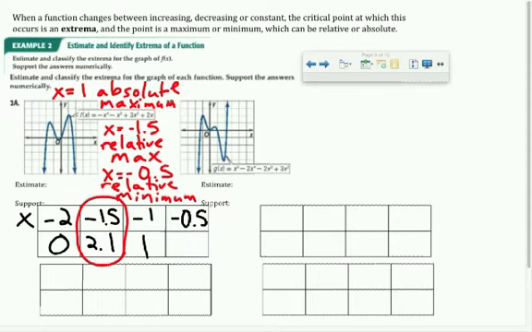Continuing and plugging in this negative 0.5 in our calculator, I have negative 0.19.